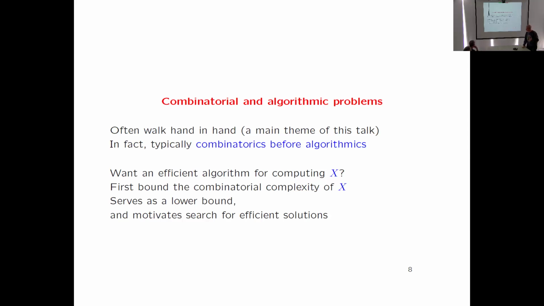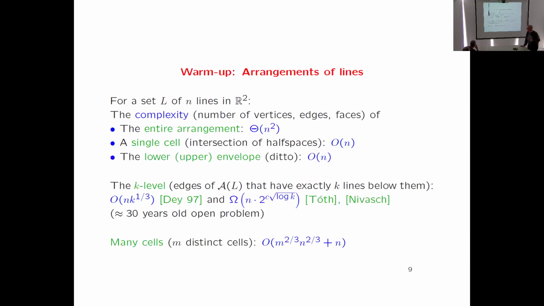Usually, you first have to solve a combinatorial problem, because if I ask you to construct a structure X, the first thing you have to tell me is its worst-case complexity. Because if it is quadratic, you will not be able to solve it in n log n time, for example. So it's a lower bound and also a motivation for an upper bound. So we will see in this talk how these things are intertwined.